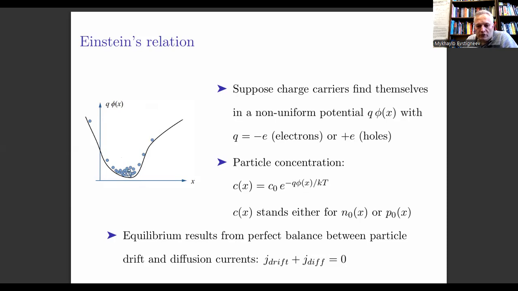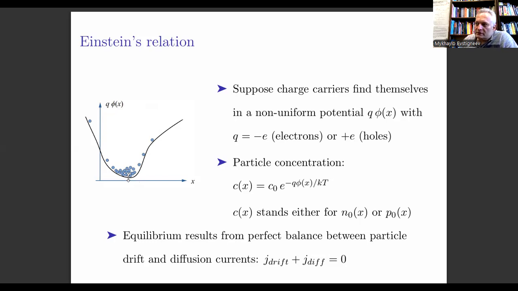If you have non-uniform particle distribution in space, those particles will tend to diffuse out of that region. So there will be a diffusive current out of this minimum of energy. But on the other hand, the non-uniform electric potential produces an electric field, the negative derivative of the electric potential with respect to the coordinate x, and that electric field tends to pull the charge carriers back into this minimum.